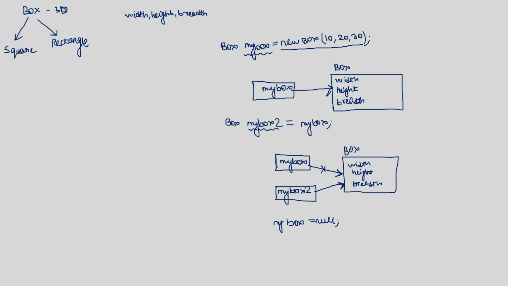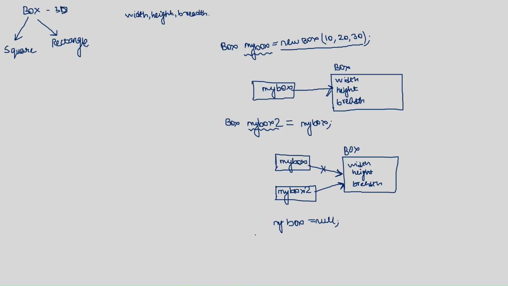This myBox reference variable won't be pointing to this box instance, but myBox2 would still be pointing to this particular instance in the memory. So setting one to null won't have any change on the other reference variable, and it won't even destroy the object unless both the reference variables are set to null.